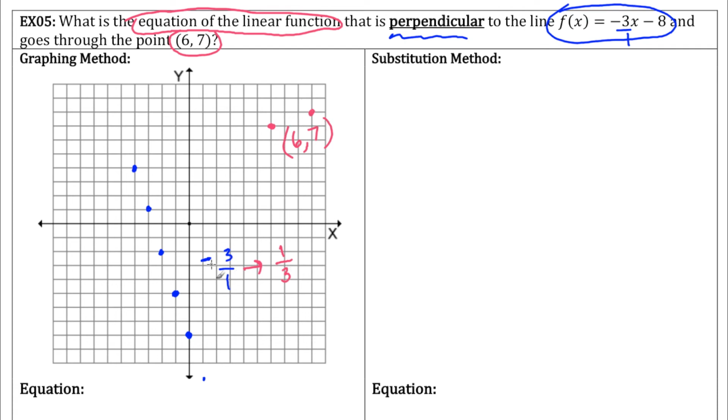Just to clarify, remember it was negative, so it needs to be positive. It was 3 over 1, so we flip it to 1 over 3. We need the y-intercept, so we've got to go this way.